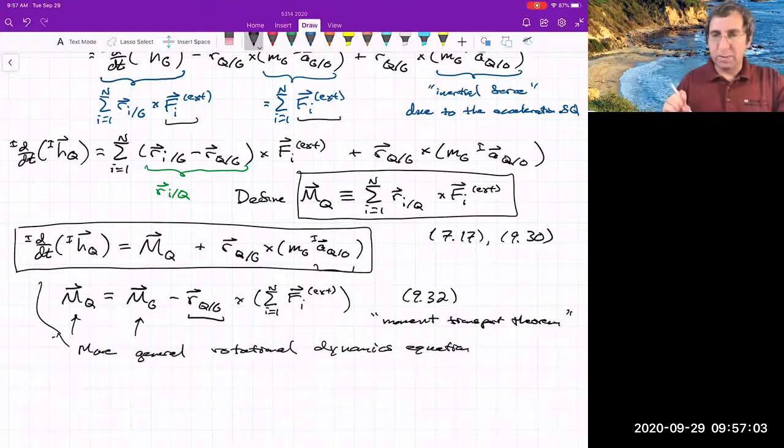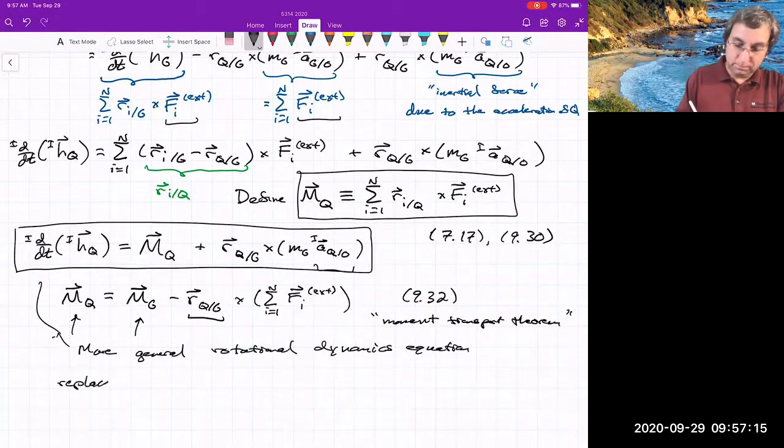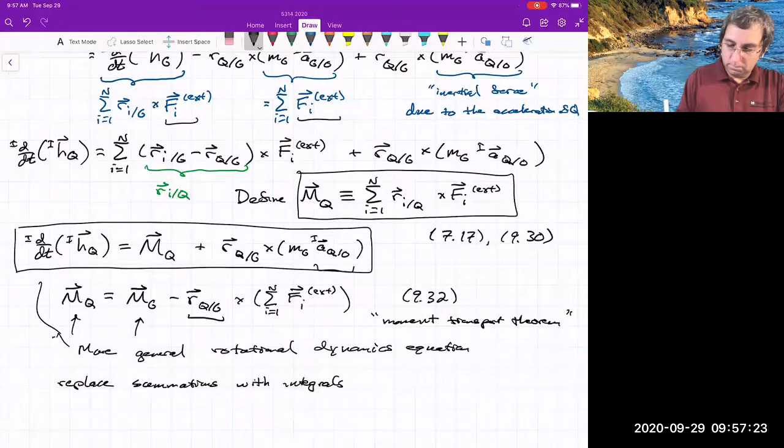We've written it in terms of summations as if it's for a multi-particle system. If you replace summations with integrals, it all carries over to a continuous mass distribution. But then it's all still true.